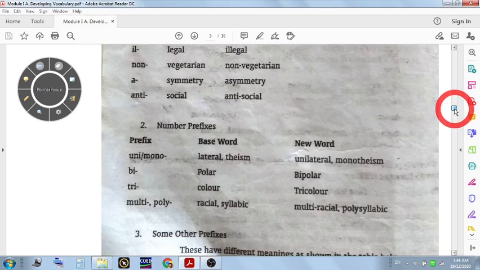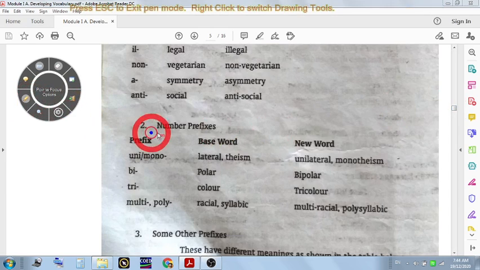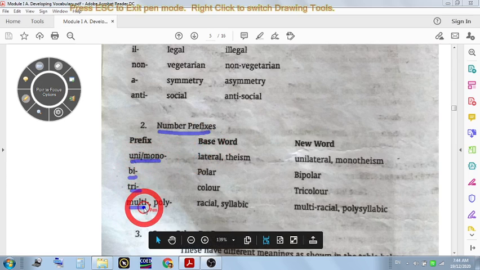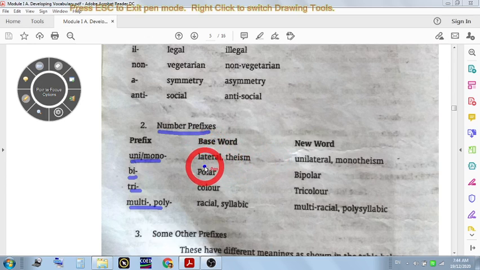There is also another type of prefixes. They are number prefixes. So you see uni or mono, bi, tri, multi or poly. See, for example, the base word is lateral or theism: unilateral, monotheism, polar, bipolar.